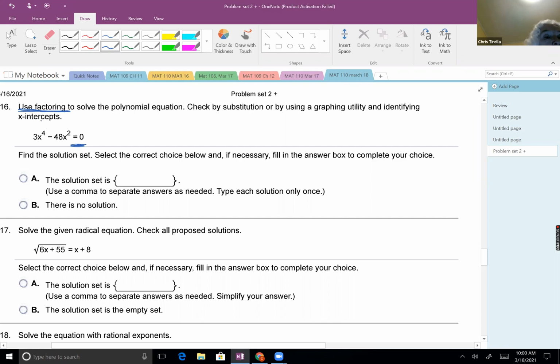And so again, I'm going to ask you guys to do the lion's share of the work on this one. We've got one side 0. Go ahead and factor that 3x to the 4th minus 48x squared. And I'm going to make a strong suggestion that when you think of factoring, you think of factoring completely. Don't be thinking that you're done if you've only factored once.